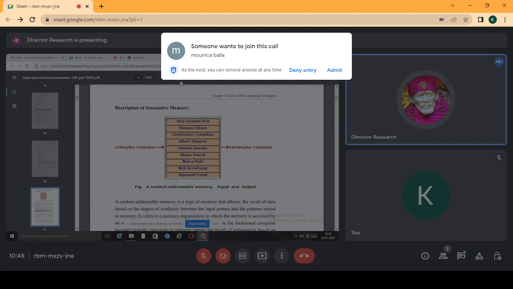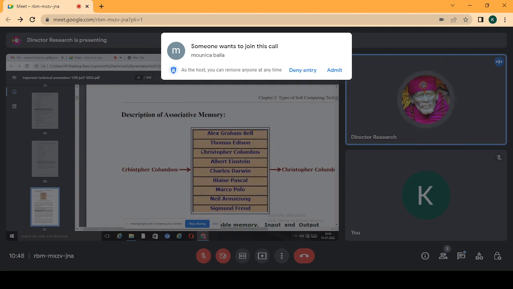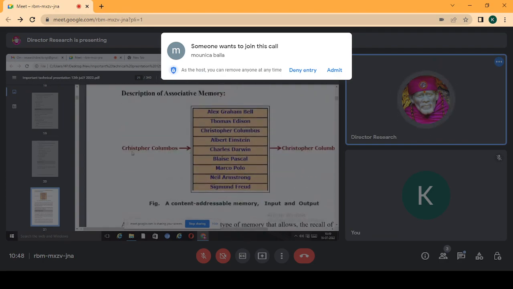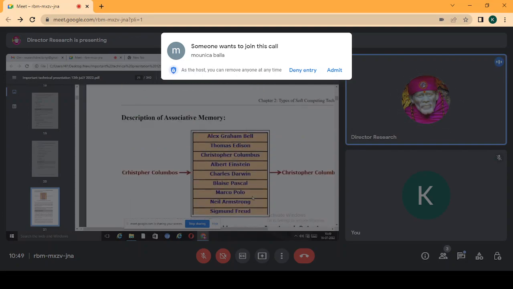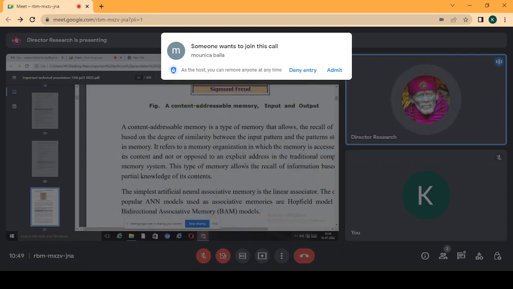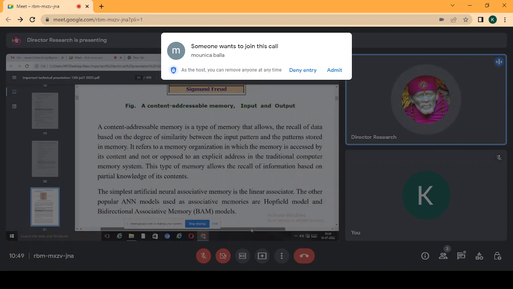Here we should see the structure of the description of the associative memory. There you can observe the various parts: content addressable memory, input and output. A content addressable memory is a type of memory that allows the recall of data based on the degree of similarity between the input pattern and the pattern stored in memory.